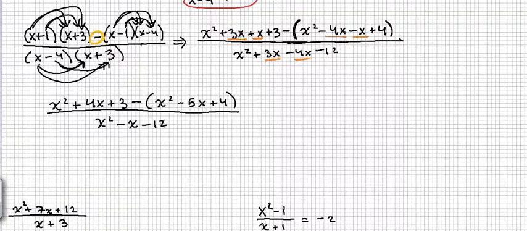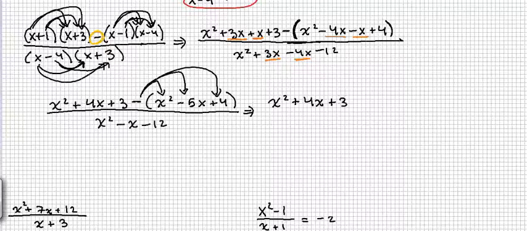Now what we're going to do is distribute this negative. So what that means is the signs just switch on all of those guys. So we'll get x squared plus 4x plus 3 minus x squared, then we'll have plus 5x, and then minus 4.